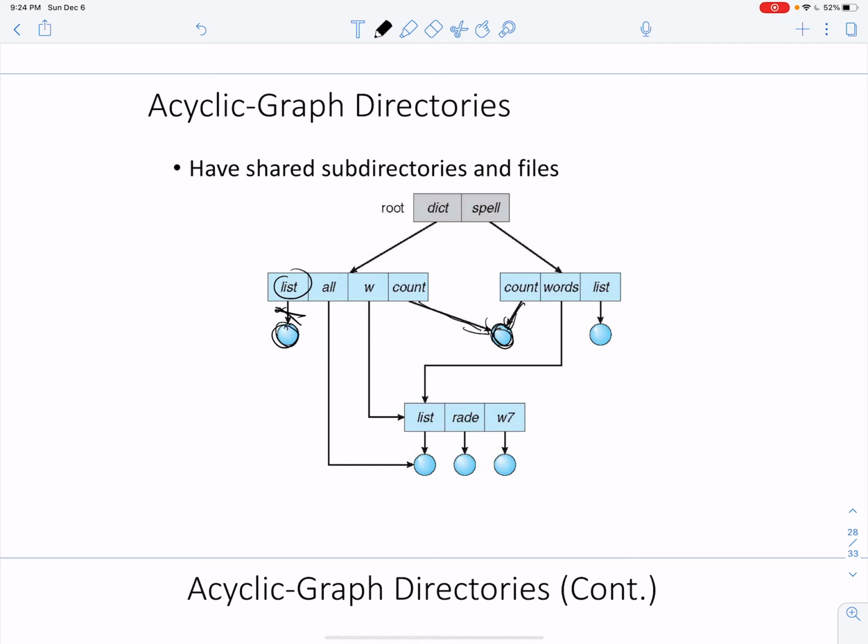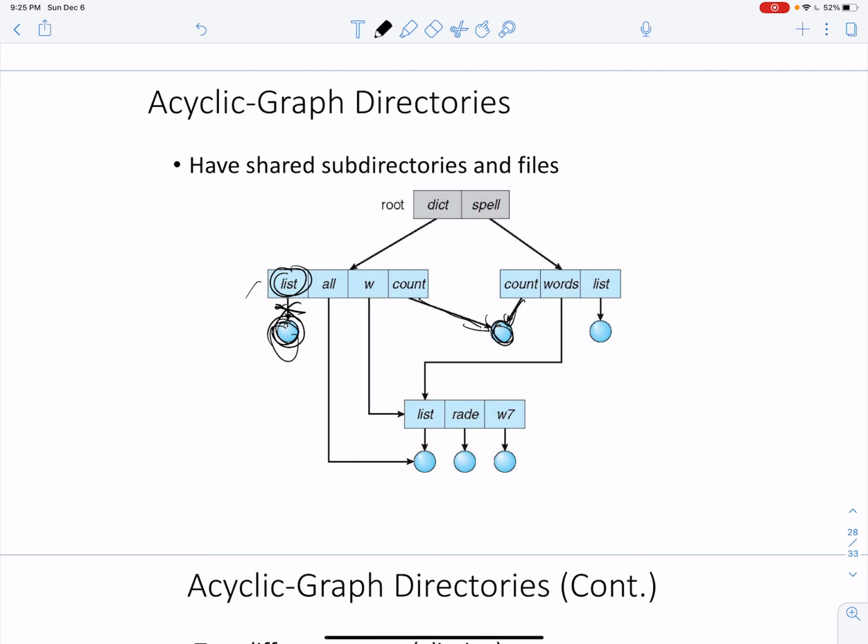We just need to cut this link, so there is no link, and after we go to the list directory, we will find no file under it. But actually this file still exists on the hard drive. We don't have to bother with erasing the content in the specific area that is occupied by this file on the hard drive.